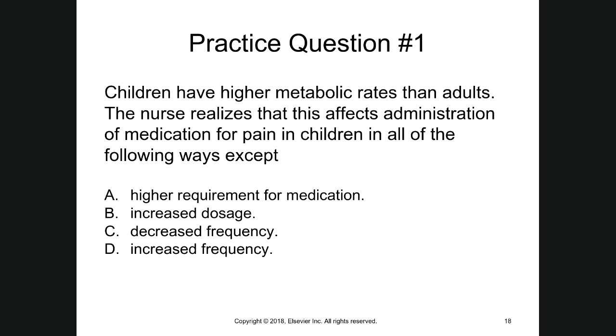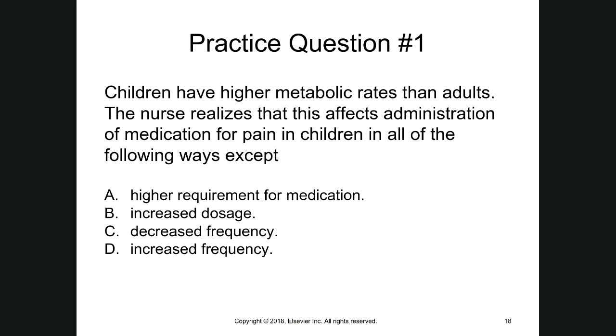And so just go over the practice questions. Children have a higher metabolic rate than adults. The nurse realizes that the effects of the administration of medication for pain in children are all of the following except. Which one would it be?